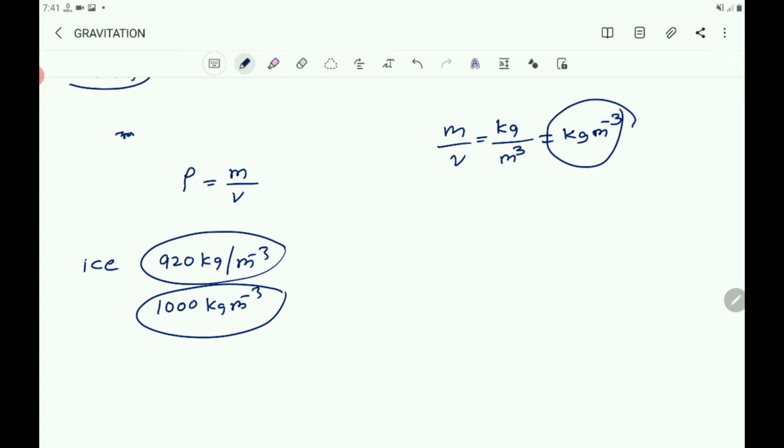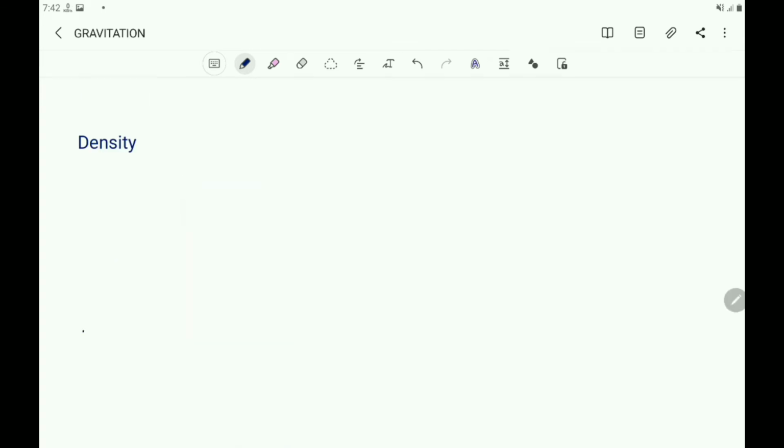Here the density of ice is 920 kg per meter cube and the density of water is 1000 kg per meter cube, and ice floats on water. That is the reason why ice floats on water. As the density of ice is less than the density of water, ice floats on the water.